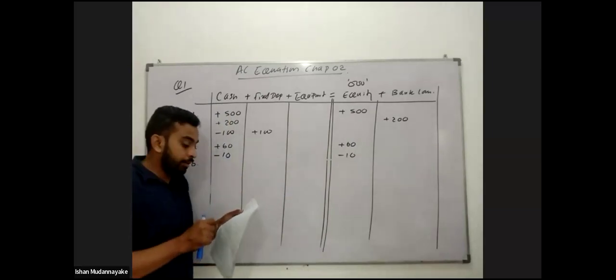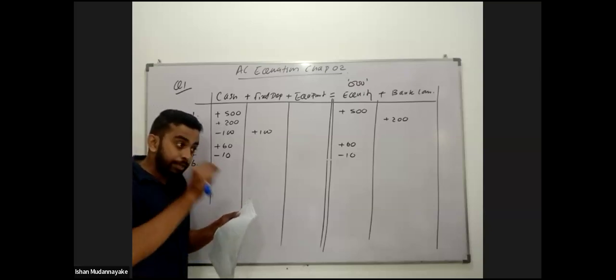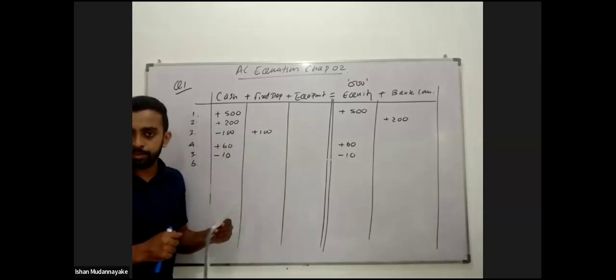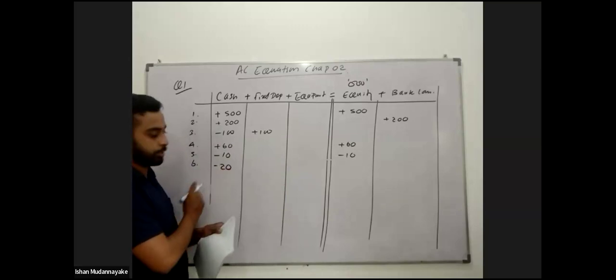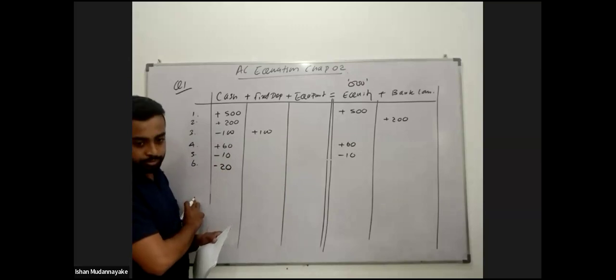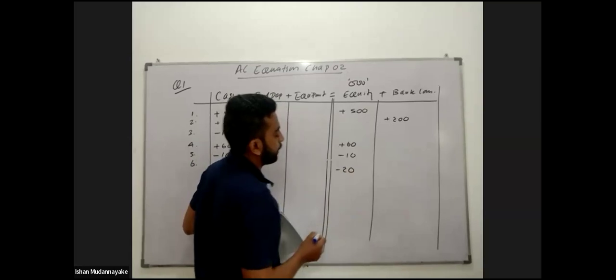So what will happen? Cash of the business will decrease by 20,000, and equity of the business will decrease by 20,000.